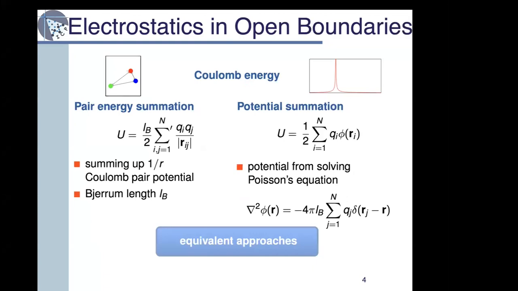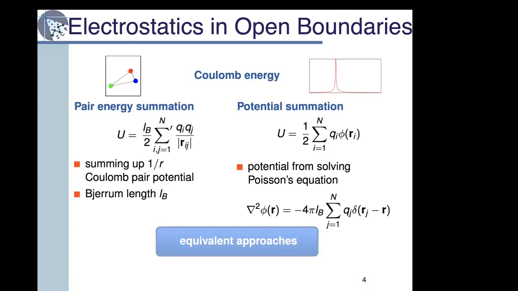Now, in open boundaries, you have basically two ways to compute the electrostatic energy. You can do it once over the pairs, as I was writing up here on the left-hand side, a pair energy summation. Or you can do a potential summation, where you sum over every charge multiplied by the potential at the position where the charge is located.